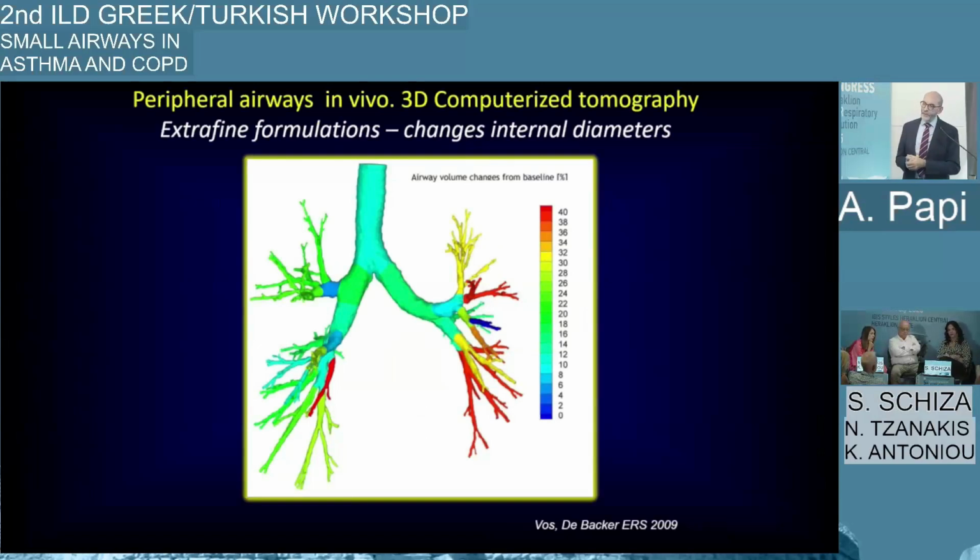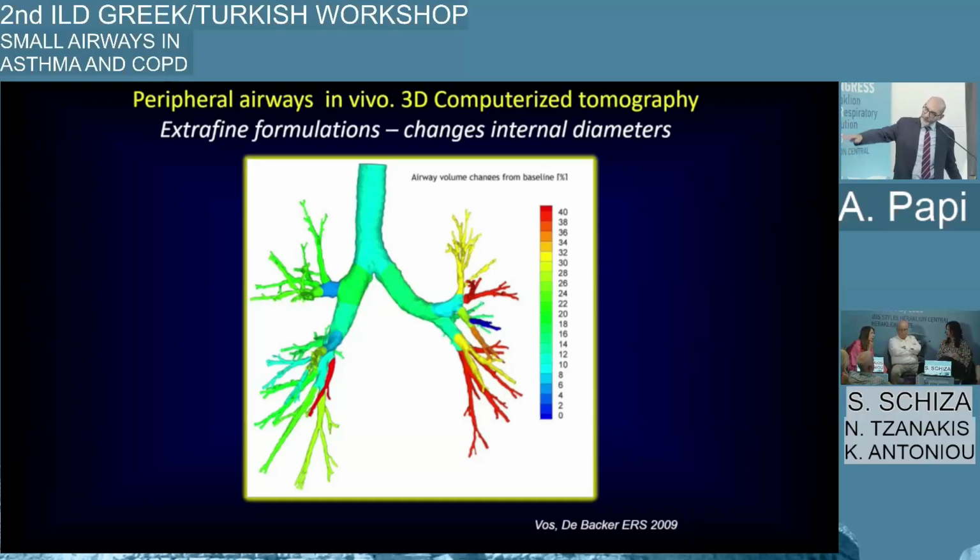Bronchodilation, if we want to say, this is a treatment with an ICS LABA with a formulation that reaches peripheral airways. And what is here is a three-dimensional CT scan, actually an algorithm that takes into account the size of the particle, the geometry of the airways of the single patient, the inspiratory flow, and the changes after treatment are indicated in this scale.